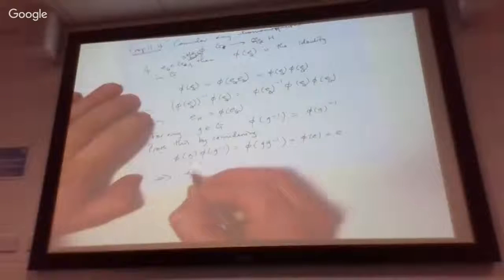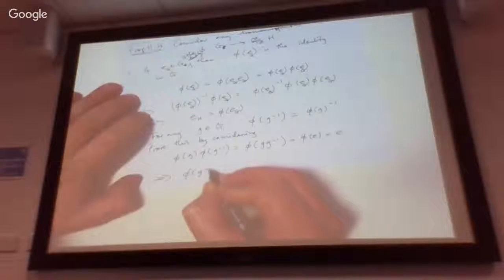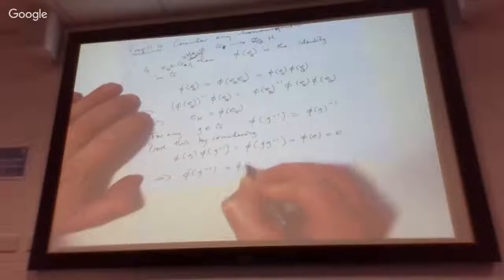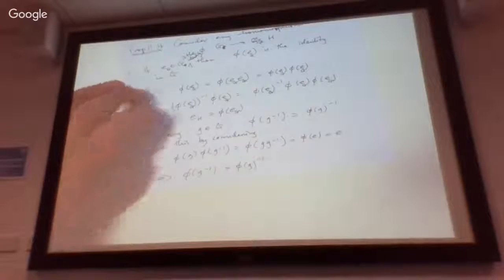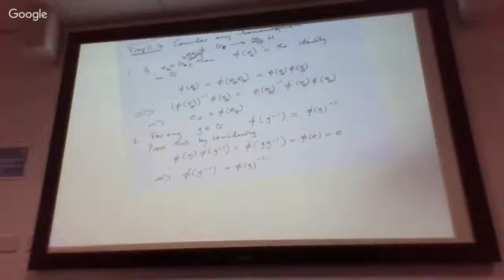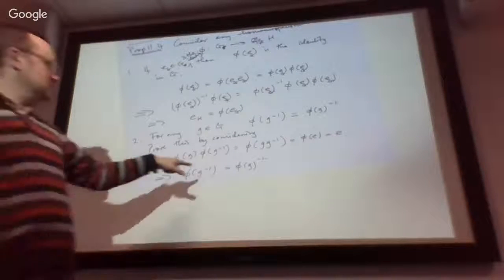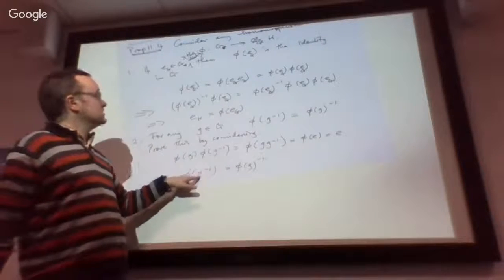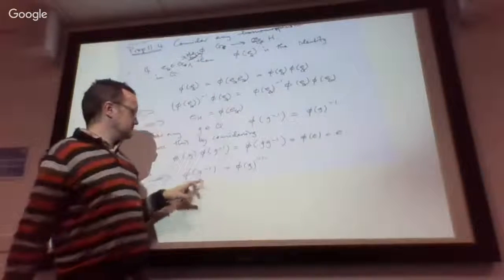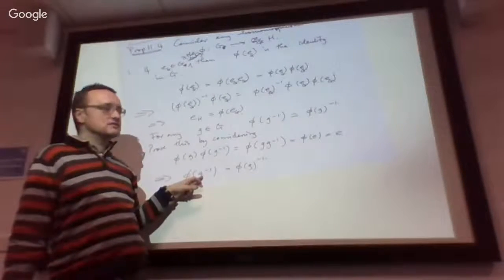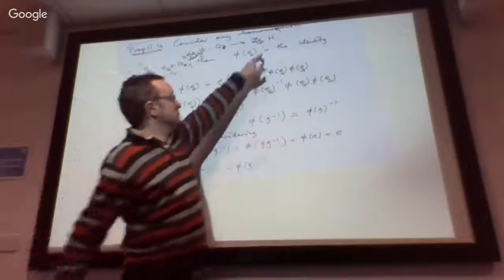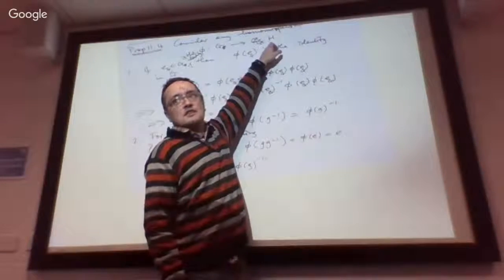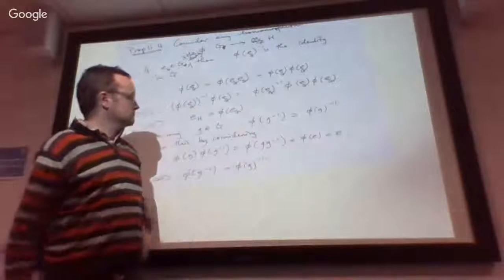So that implies phi of G inverse is equal to the inverse of phi of G. Also notice the slightly different meanings of the inverse notation here. This inverse is an inverse within the domain group G, where little G inverse lives, whereas that inverse is an inverse within the codomain group H.